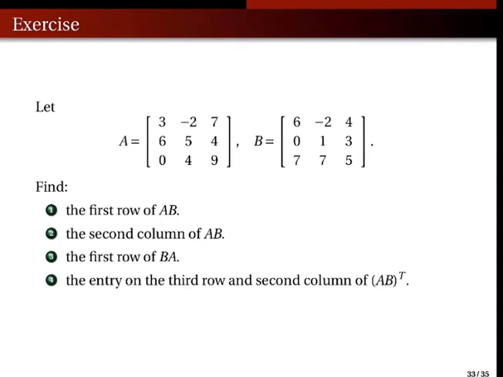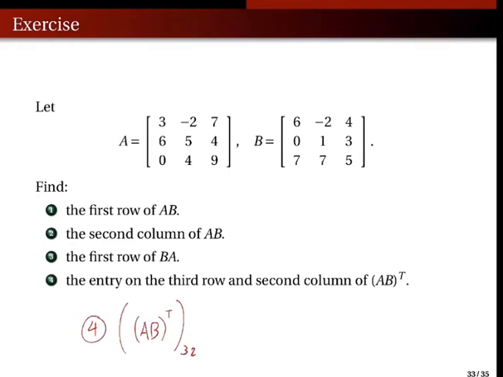The third row and the second column of AB transpose. So let us work on this problem. What we want is the AB transpose in here, and then you want the third row, second column.